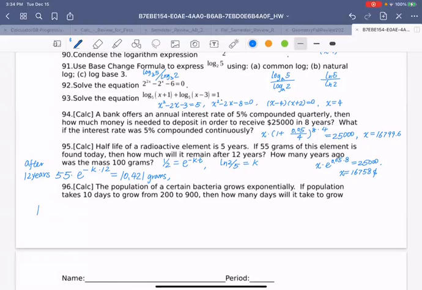So that means we are going to treat 55 grams as your current value, and we use 100 as the initial one, then e to the power negative k times t. Okay.